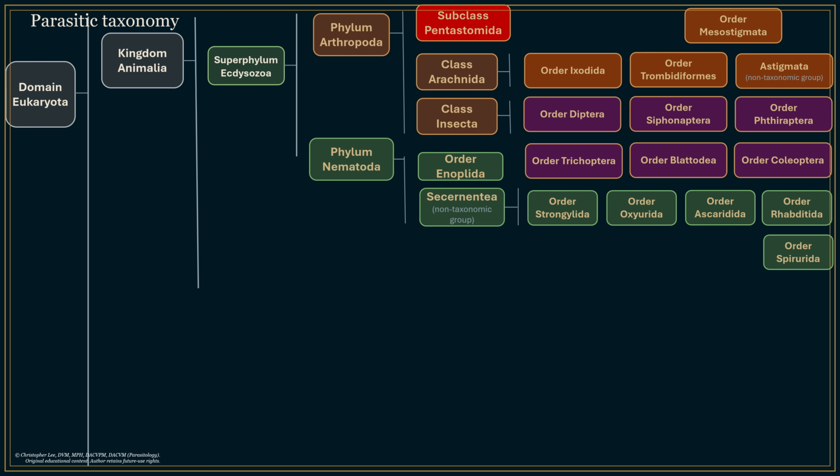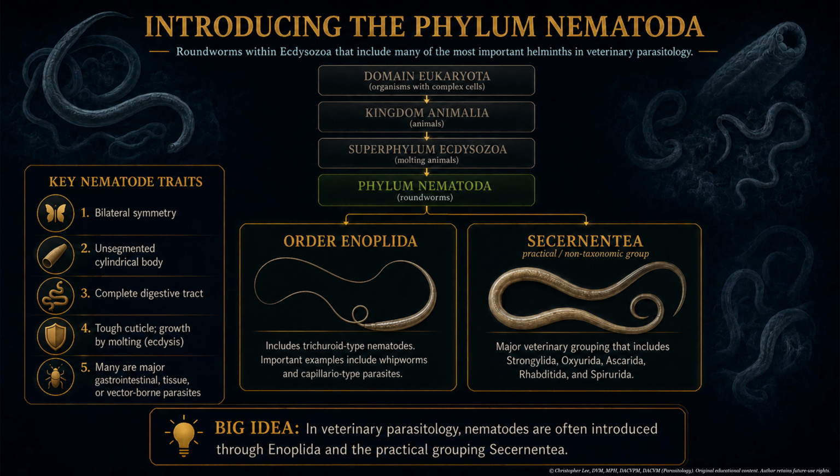This part of the map helps us understand why roundworms sit near arthropods in Ecdysozoa, even though we often discuss them clinically as helminths. Nematodes are roundworms. They are unsegmented cylindrical worms with a tough cuticle, a complete digestive tract, and they grow by molting. They include many of the most important internal parasites in veterinary medicine.